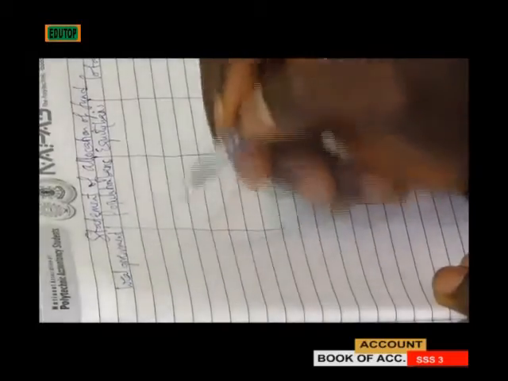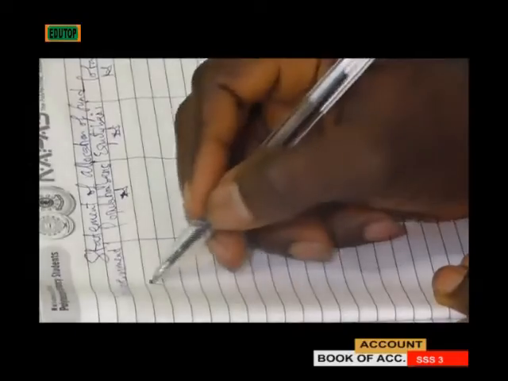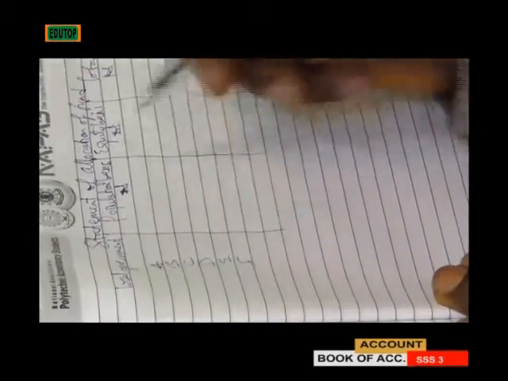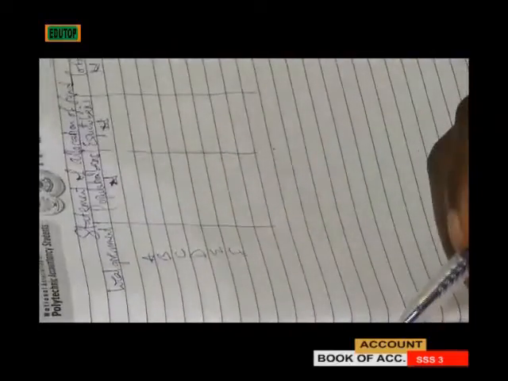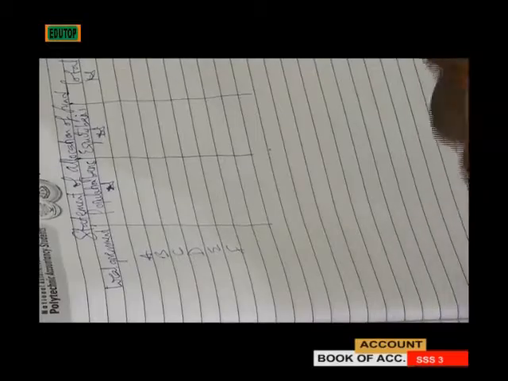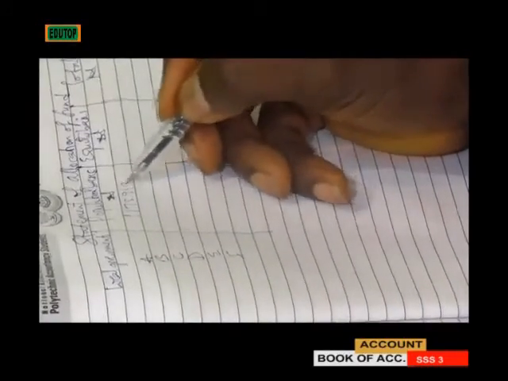So we have local government A, B, C, D, E, F. So the population, that means the population basis which we just, the calculation which we have just done here. This is it, you just put it there in the column.